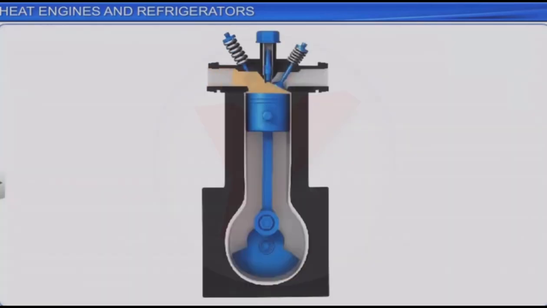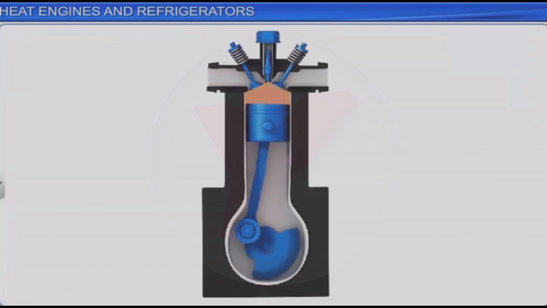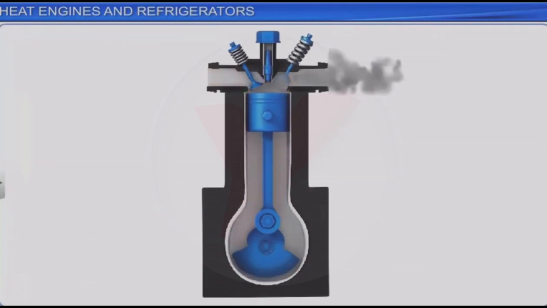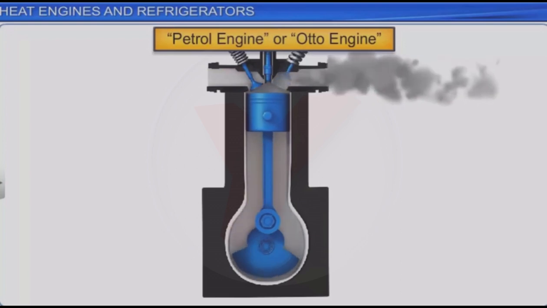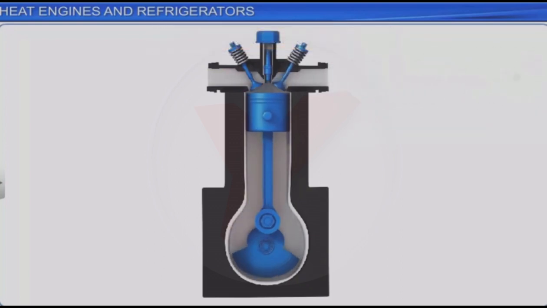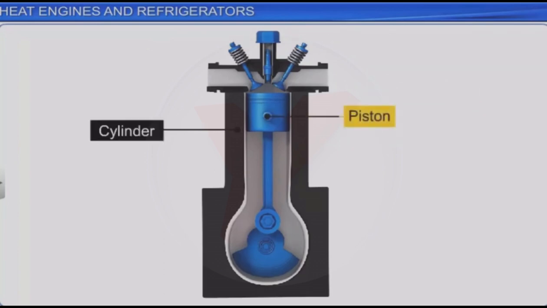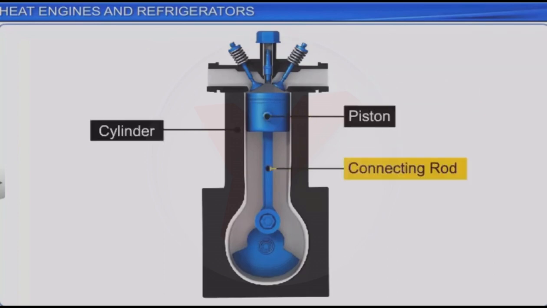Let us discuss a 4-stroke petrol engine. This is also called an Otto engine, as it was first invented by Otto in 1876. The engine consists of a steel cylinder with a movable piston. The piston is connected externally to a crankshaft.